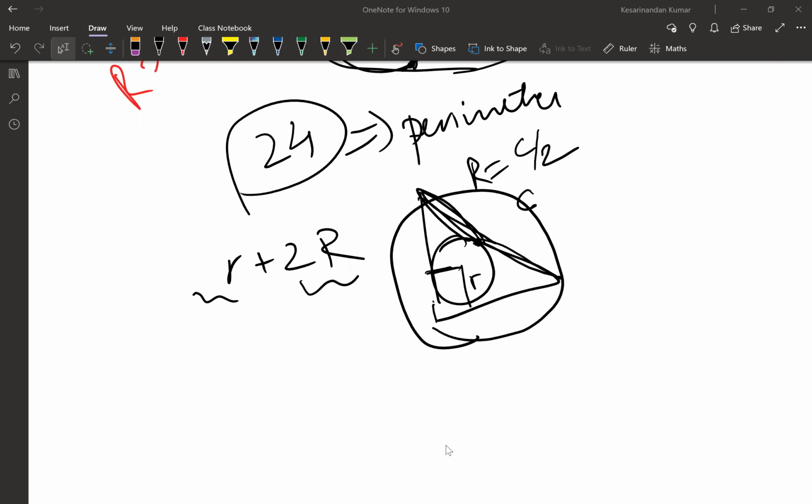Anybody else? Anybody else with any other approach? Either everybody has thought of this approach or they haven't thought about any other approach at all. Which among these two is the correct option, guys, that you have followed?